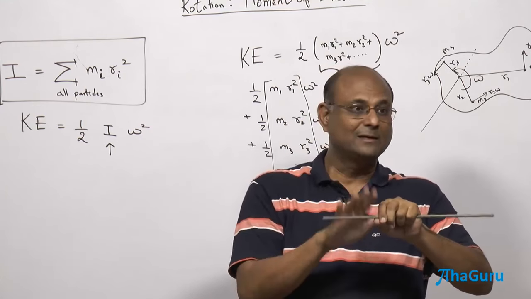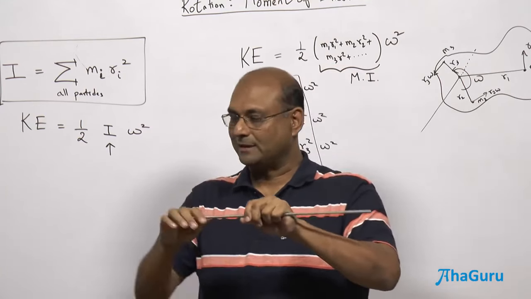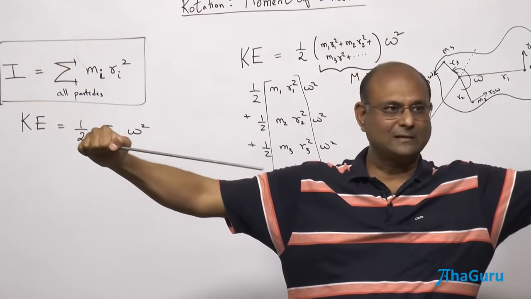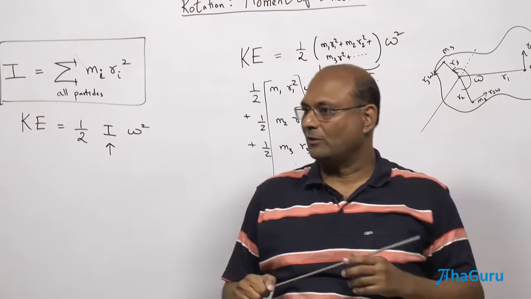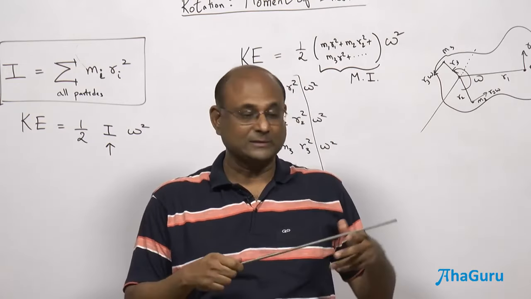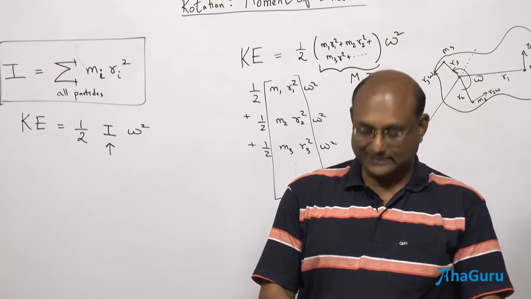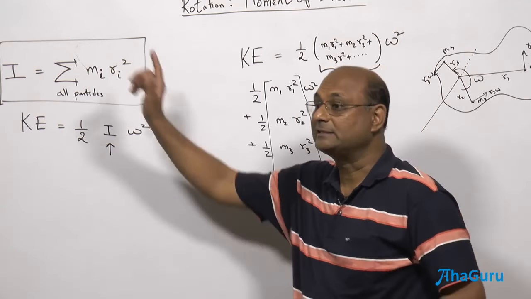Mass will be the same, moment of inertia would have become lesser. If I took this rod and managed to stretch it out and I made it double the length, moment of inertia would have become more, because it is something that not only depends on mass, it also depends on how the mass is distributed.